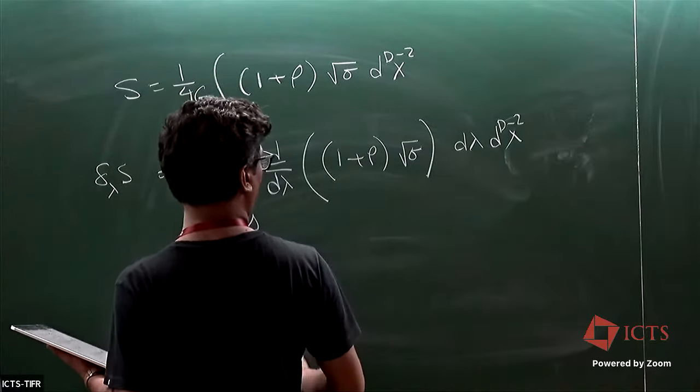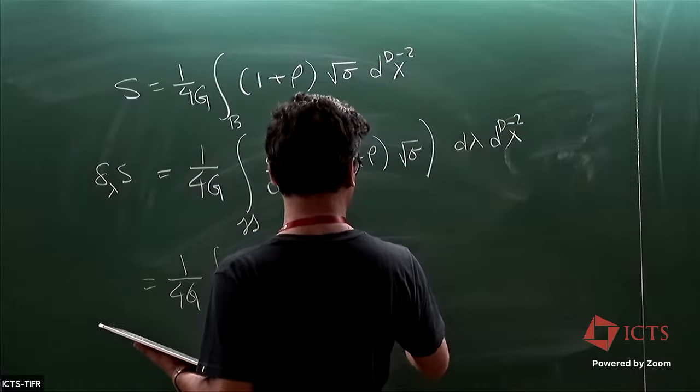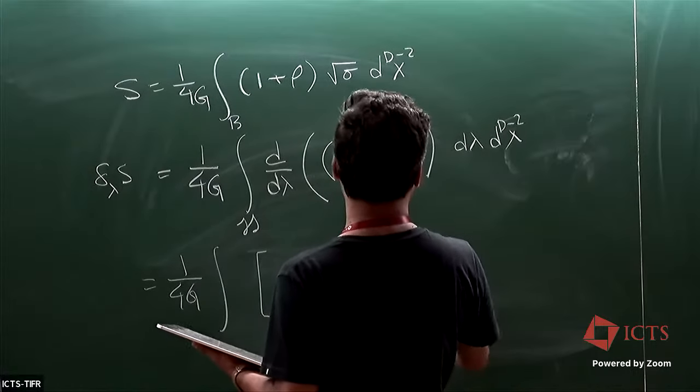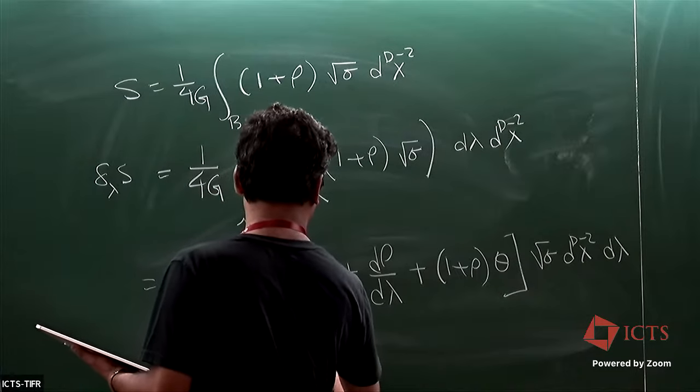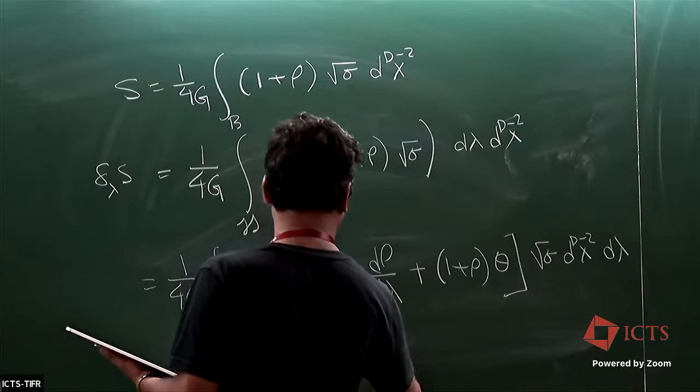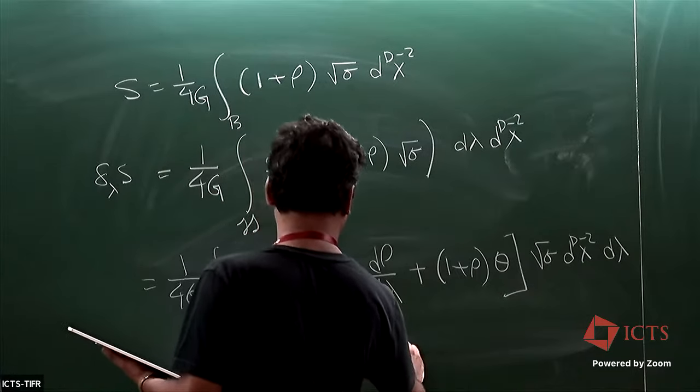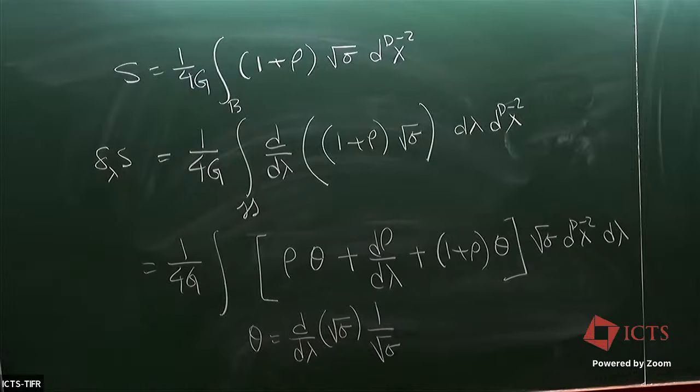Let me write it theta, and then you will tell me if it is correct, d rho d lambda, and then I will have 1 plus rho, then I will have theta, sigma, x, where the expansion is given by d/d lambda of root sigma. That square root of sigma comes out. Clear?